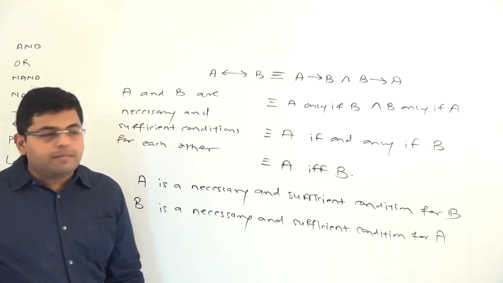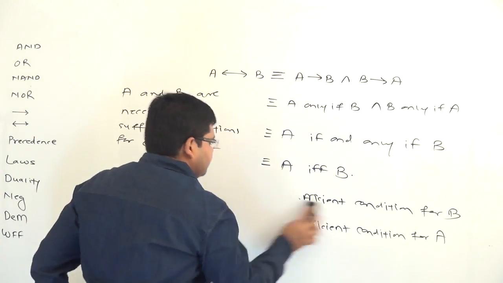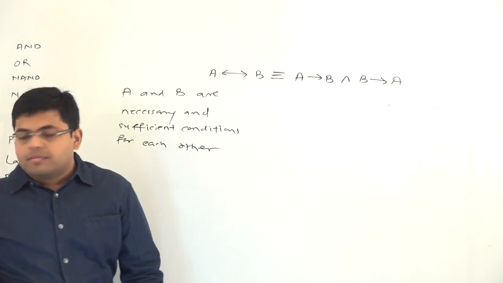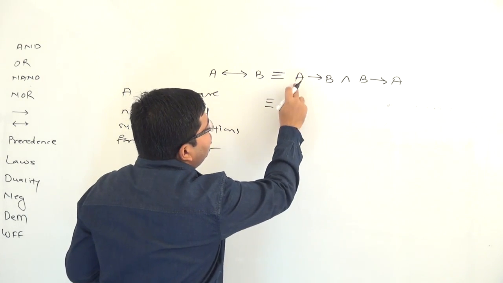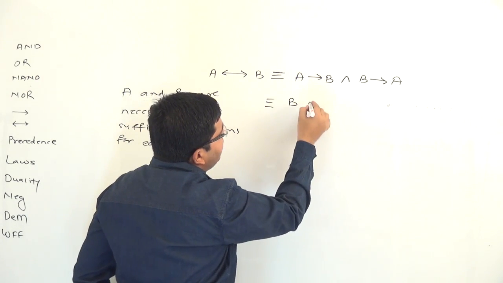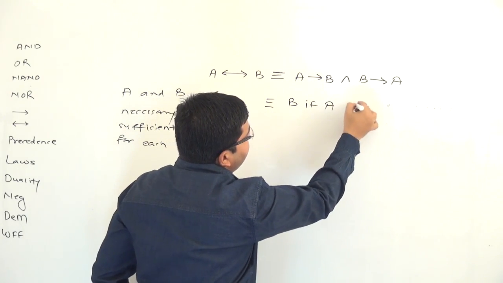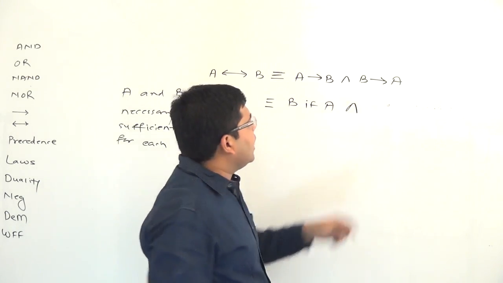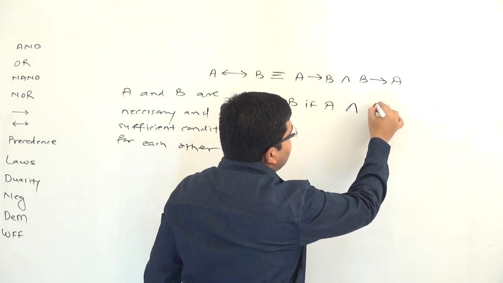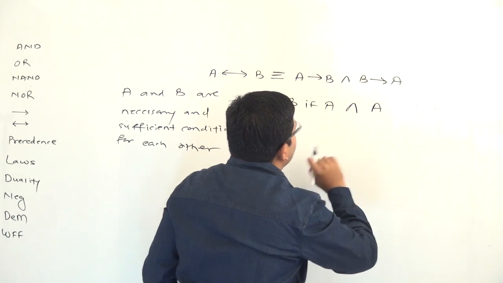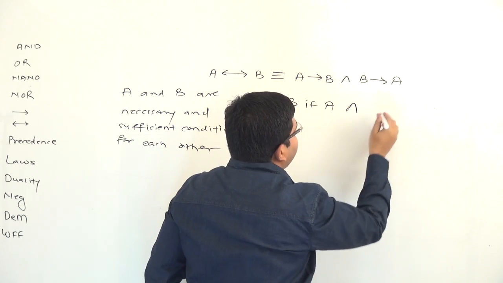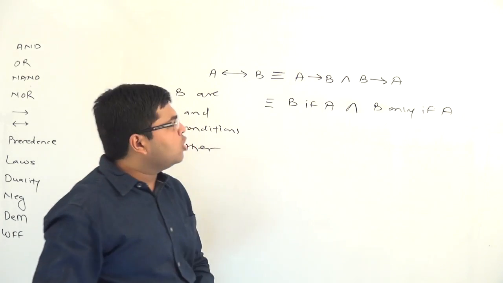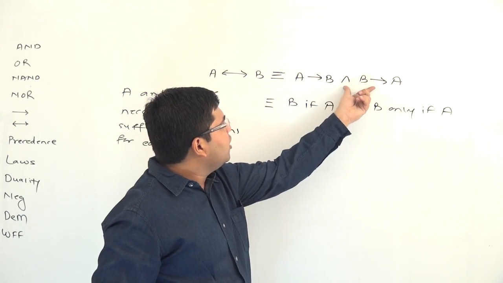Second thing, if A then B can be written as B if A, and B implies A can be written as B only if A, because here A is the necessary condition for B. Here it is different.